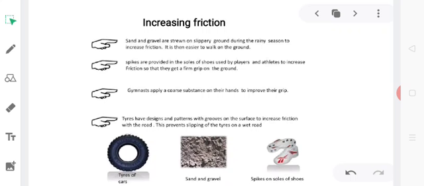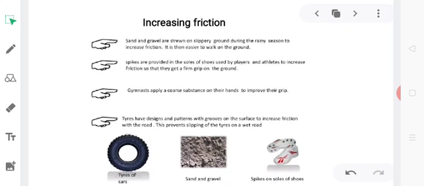Some of the ways of increasing friction, for example, on a rainy day, we throw some sand on the slippery ground. This increases friction between our feet and the ground. So, the chances of slipping reduce. Similarly, sand is spread on tracks covered with snow. Force of friction between the wheels and the track increases and driving becomes safer. In the manufacture of tires, synthetic rubber is preferred because its coefficient of friction with the road is larger.